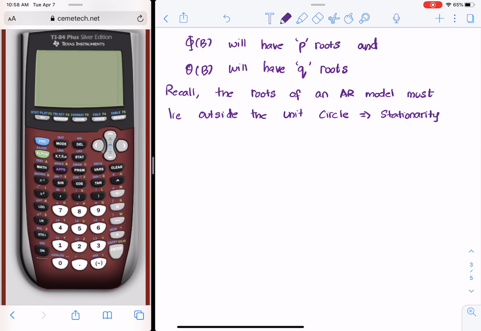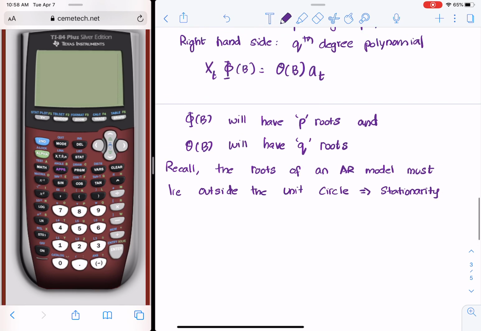There is a new condition here using the MA part.